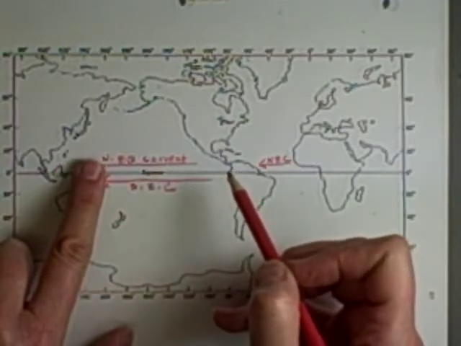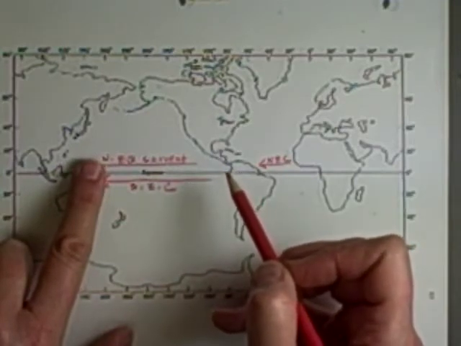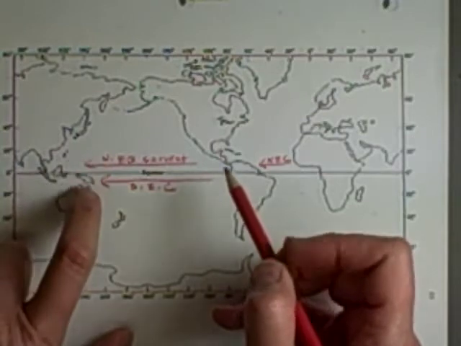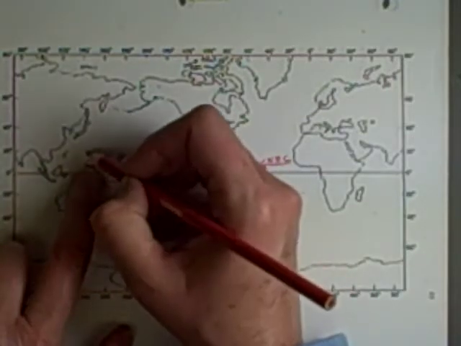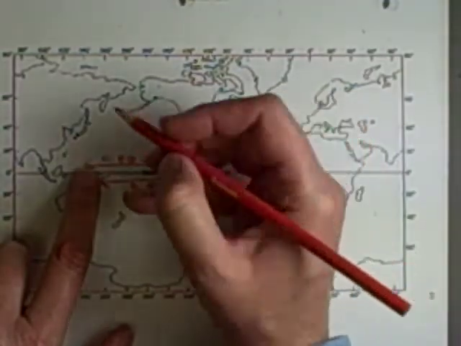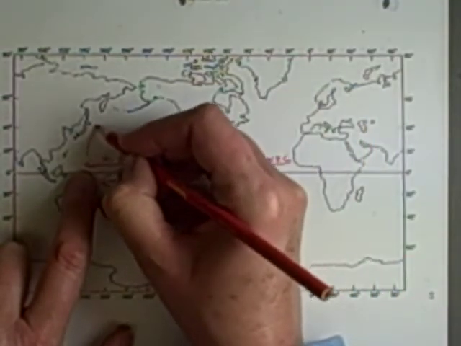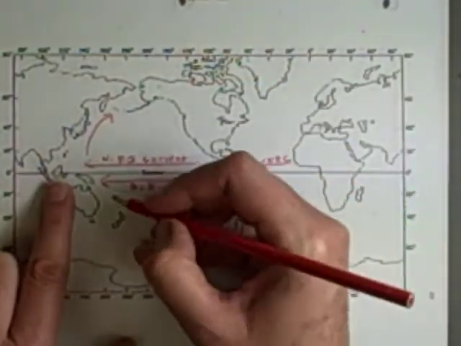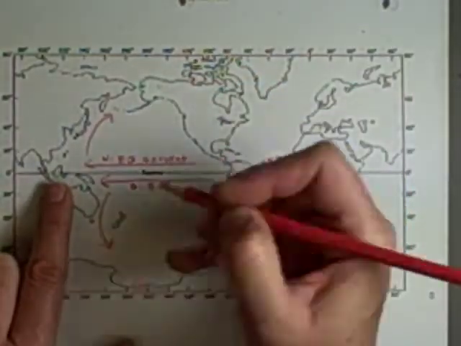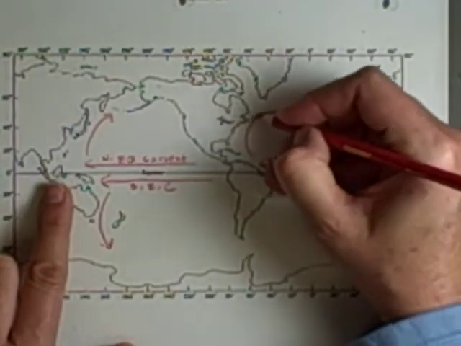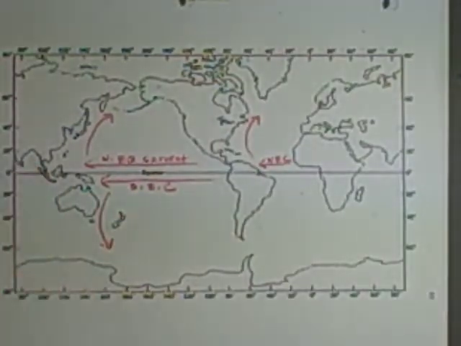And when you pile up water, it's going to move downhill. Think about it. If you make a pile of water, it wants to become even. Now, as it moves downhill, it's going to be affected by the Coriolis effect. So it's going to make a right turn here and a left turn here. Remember why right? Because we're in the northern hemisphere.